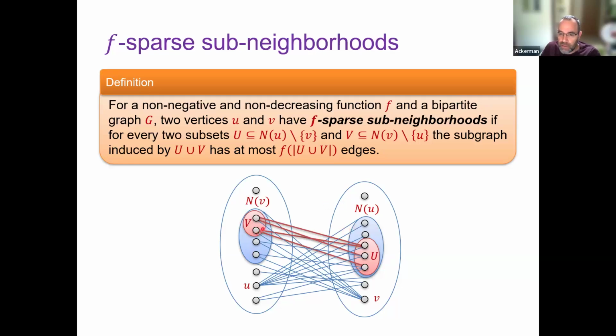Now, if it's true that for every subset of their neighborhoods, the number of edges in the graph induced by these subsets is at most f of the total size of the subset, then we say that these two vertices have f-sparse sub-neighborhoods. So this is the term.